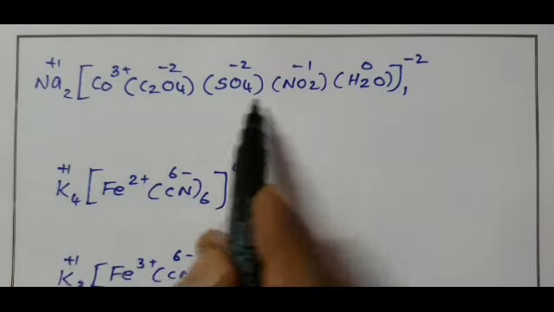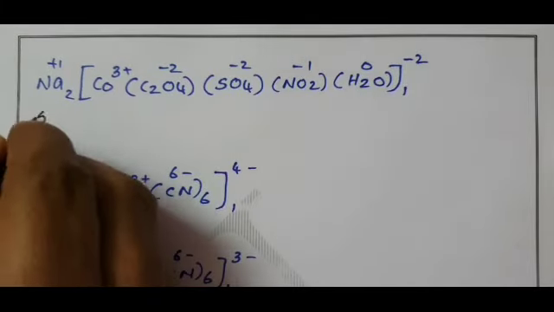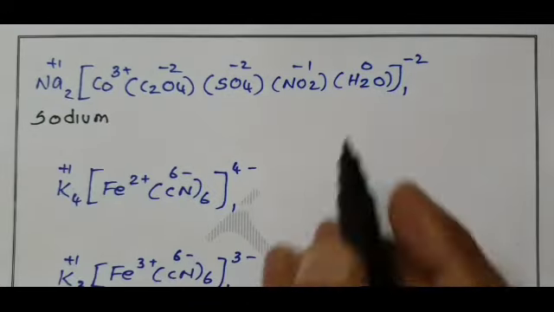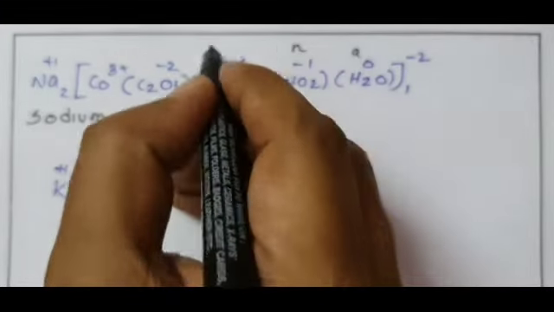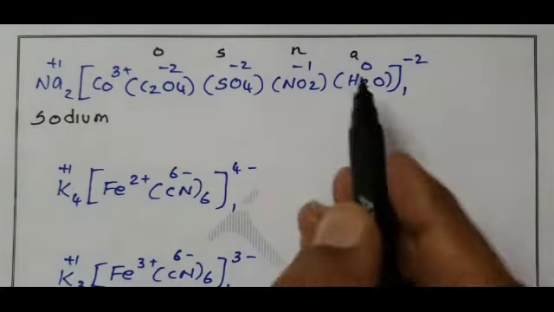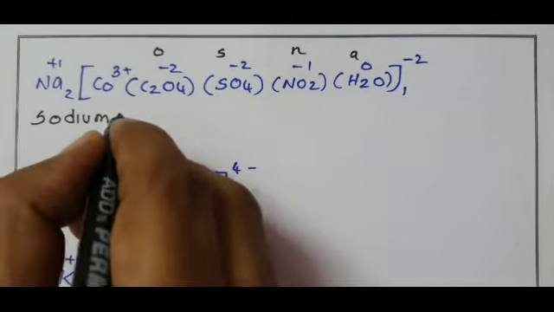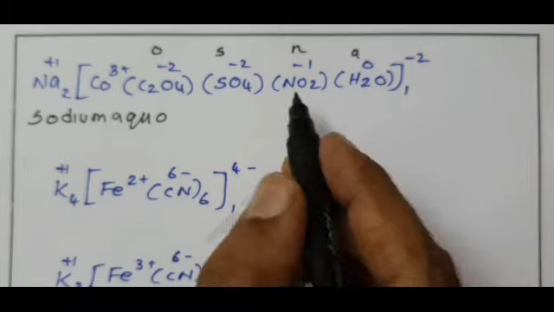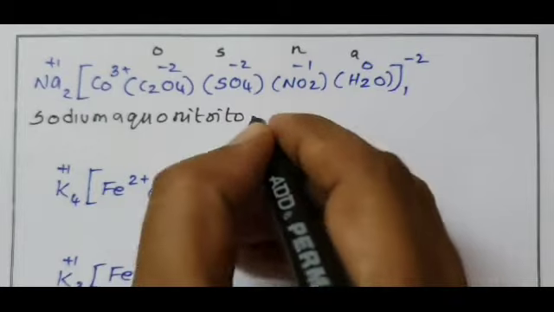This complex contains more ligands, starting with the cation, first sodium. Which one is first? Aqua, nitrito kappa N, sulfato, oxalato. Alphabetical order of the ligands. Only one aqua we have, therefore aqua. Then N, nitrito, ambidentate ligand.